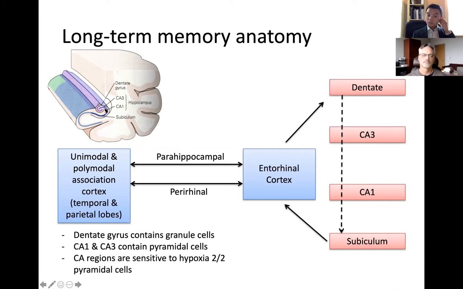Those are rich in pyramidal cells, and pyramidal cells are greedy when it comes to oxygen. That's how I like to think about it. So when there's a lesion to that area, especially a hypoxic lesion, those cells are much more likely to get damaged than some of the surrounding cells.